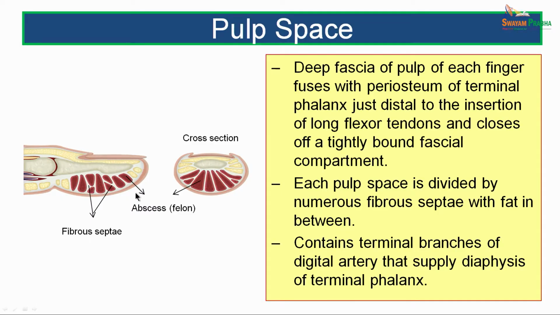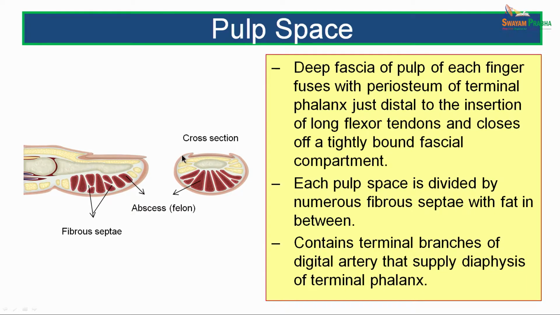This is a sagittal section passing through the digital phalanx. What we see here is the palmar skin. This is the distal phalanx, and what we see here are the fibrous septae which radiate from the palmar skin and go up to the periosteum of the distal phalanx. In between these septae, what are seen are the tight compartments which are filled with the subcutaneous fat and the digital vessels.